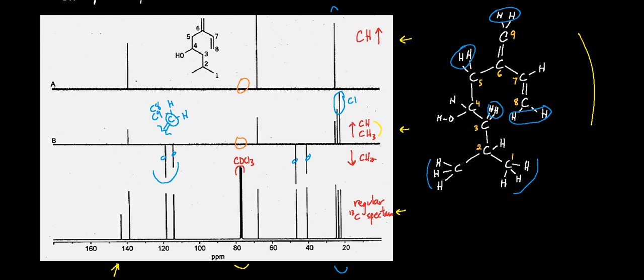So the other two methylenes are 3 and 5. They're both on either side of this alcohol, so that doesn't really help. 5 is closer to the alkene. That might deshield carbon 5 a little more. If you had to guess, you might say C5 and C3.